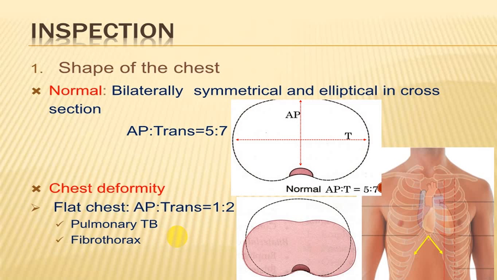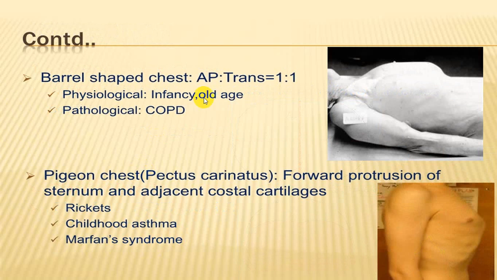If the AP diameter becomes equal to transverse diameter, we call it a barrel shaped chest. Classical example of that is COPD, chronic obstructive pulmonary disease, or better example will be emphysema. Now you can have one peculiar type of deformity we call pectus carinatum, that is bulging of the sternum. It is also called pigeon chest.